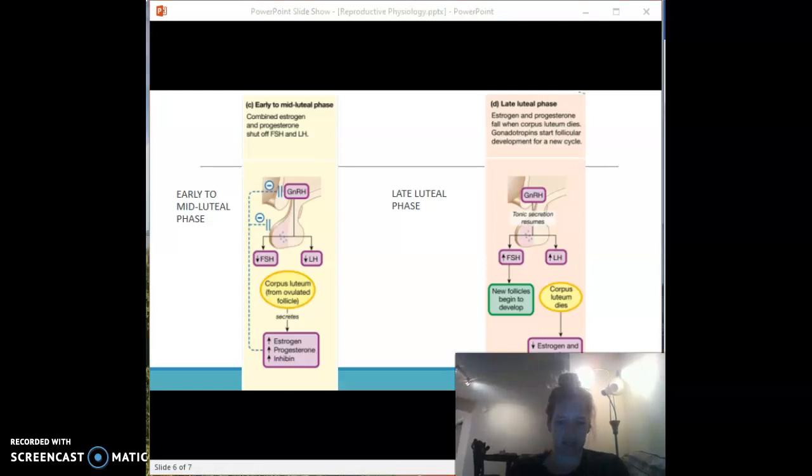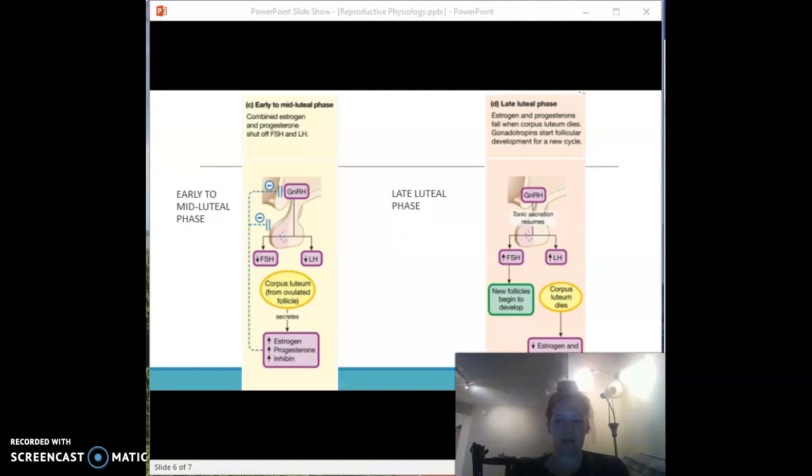So after ovulation, that's where we are right now, the newly formed luteal cells begin to secrete hormones. The corpus luteum is secreting more and more amounts of progesterone, inhibin, and estrogen. And you can see that at the bottom in the purple. Progesterone is the dominant hormone during the luteal phase.